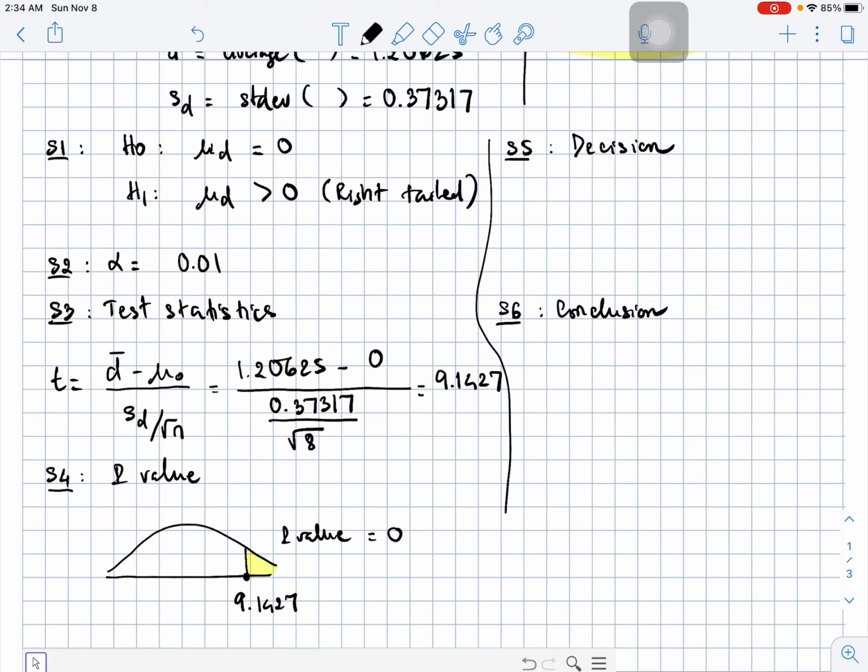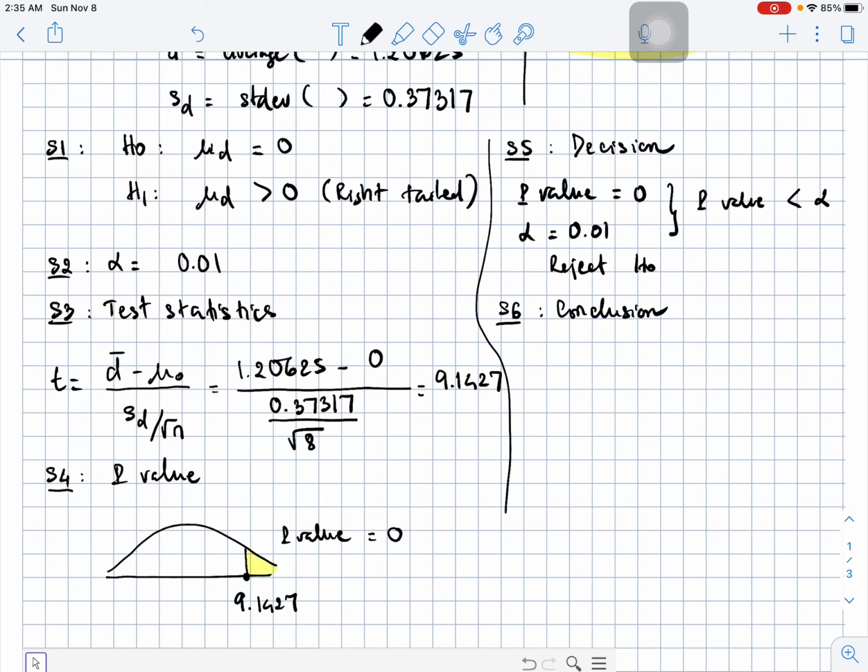Now step number 5, we make a decision. The p-value is 0 and the alpha is 0.01, so we can say that the p-value is less than alpha, so we reject the null.